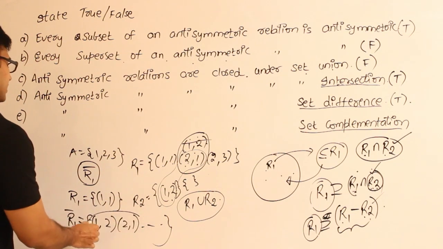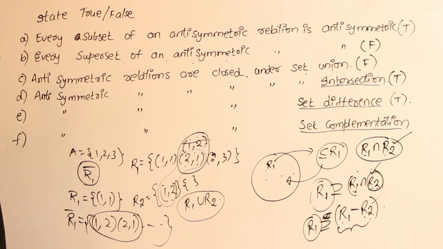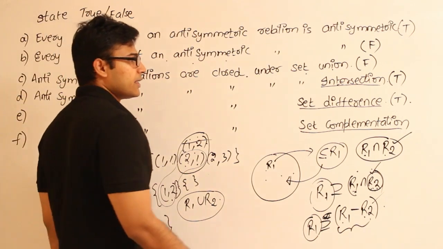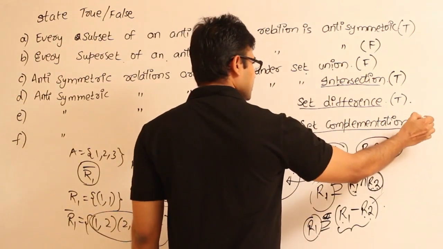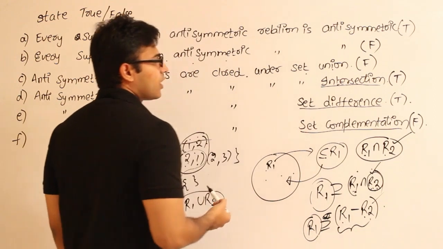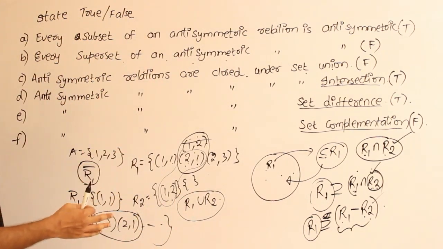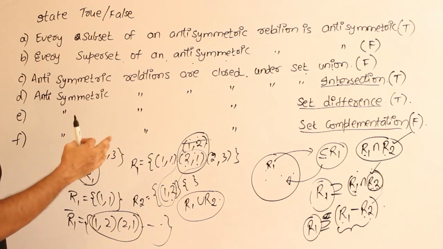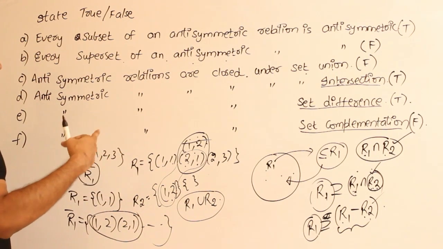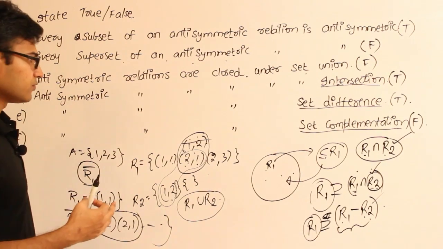You can directly see that these two are enough to say that R1 complement is not antisymmetric. Therefore antisymmetric relations are not closed under set complementation, which means this is false. Are you getting this? You can take these properties and see how they behave when you apply them to different types of relations. You can do that as homework.